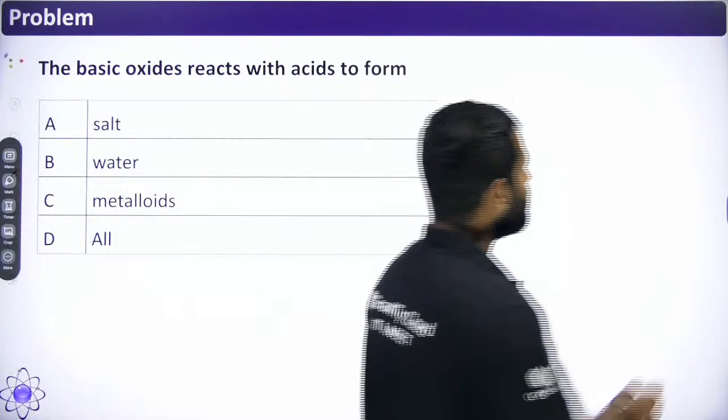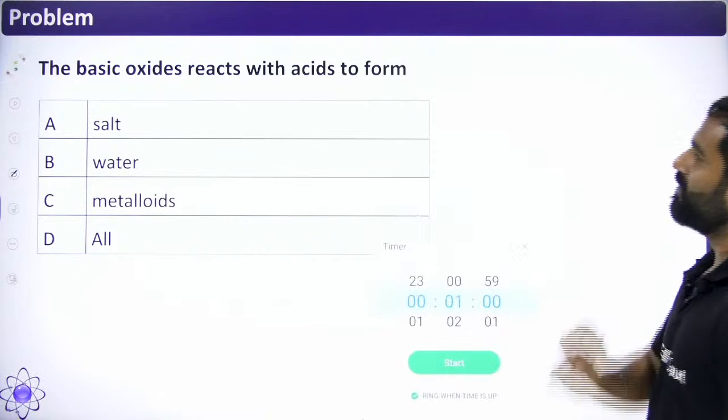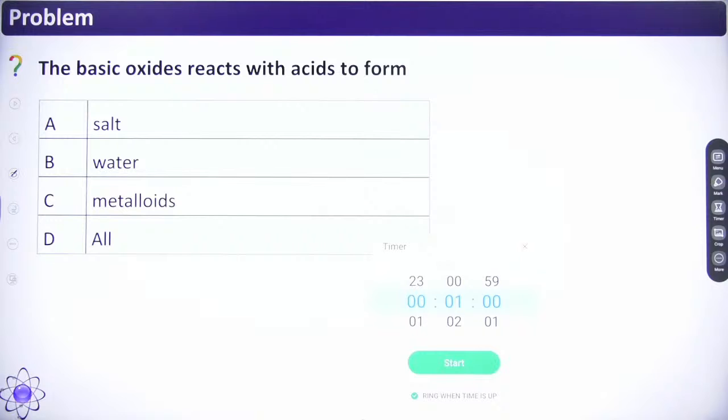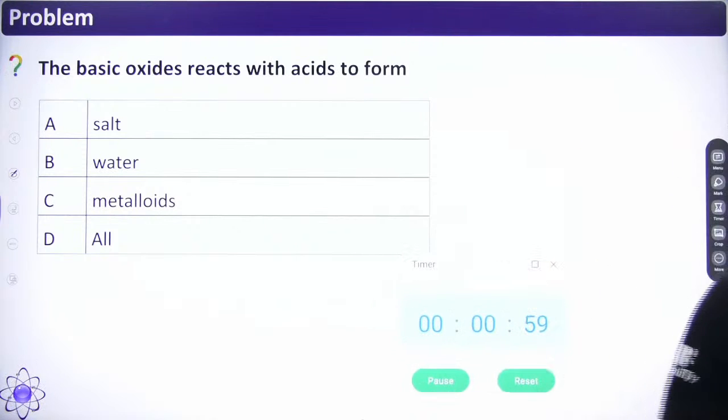Next question. The basic oxides react with acid to form what? Try this question. Remember, it can have multiple answers, so stick to the point and think about it.